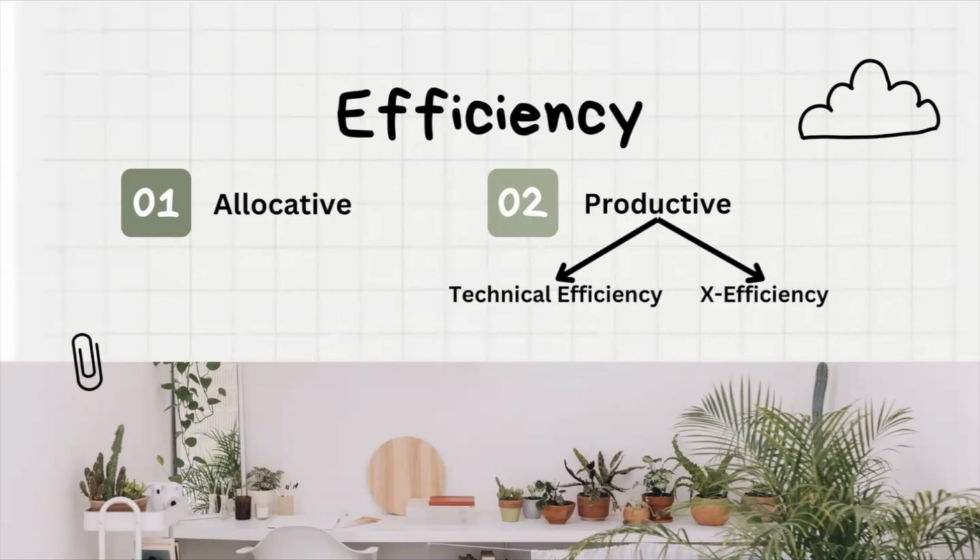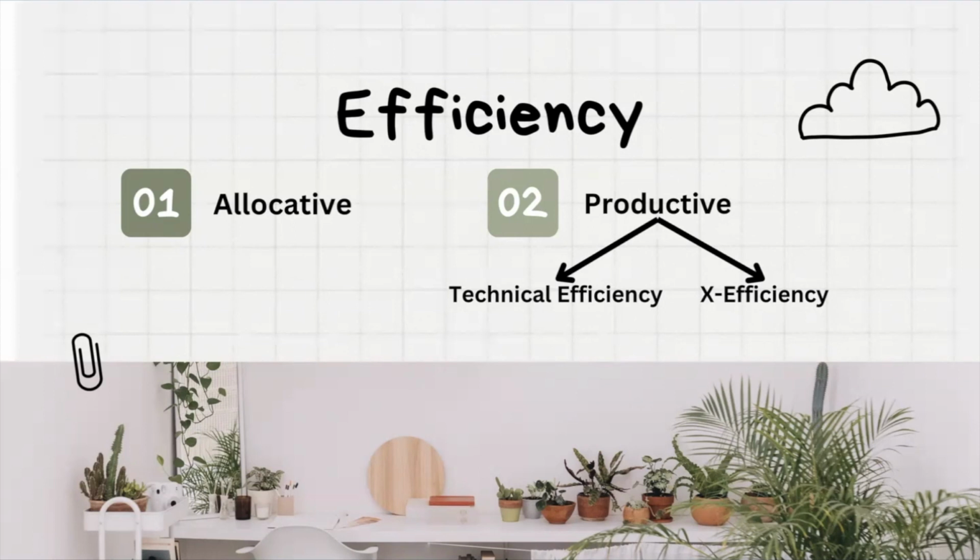There's technical and there's X efficiency. Technical efficiency is basically creating the maximum output with minimum input. And that is achieved by producing on the lowest point on the average total cost curve.